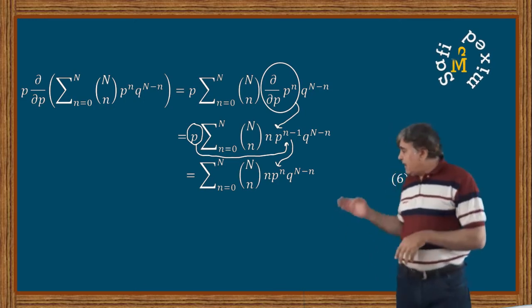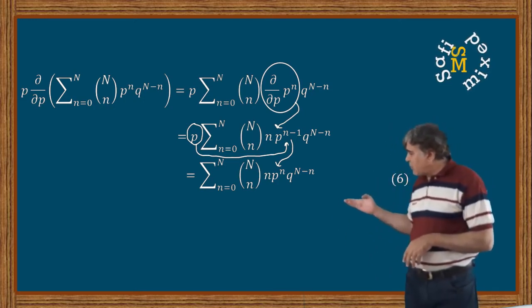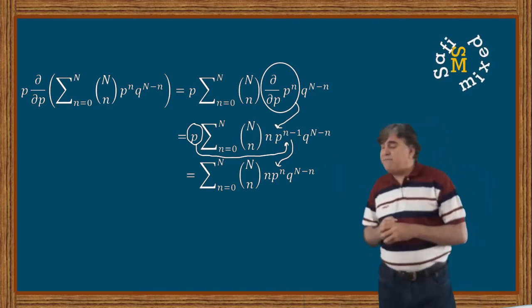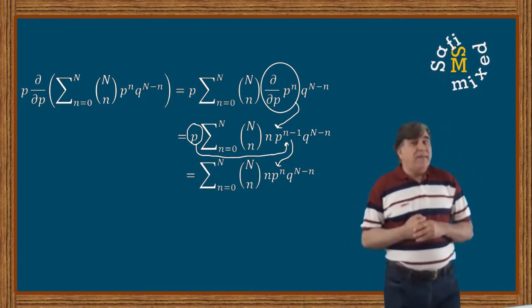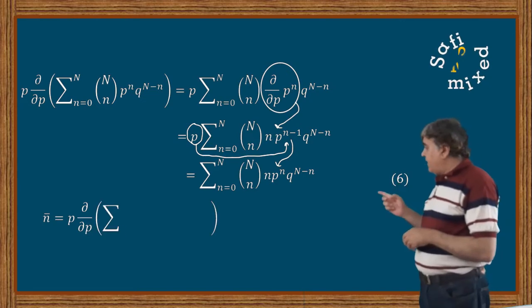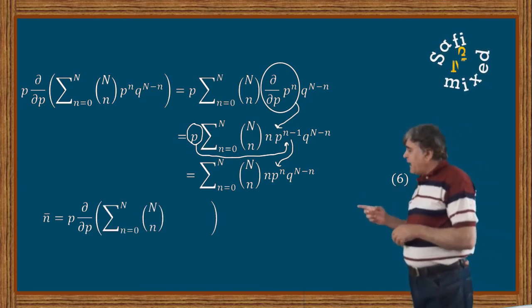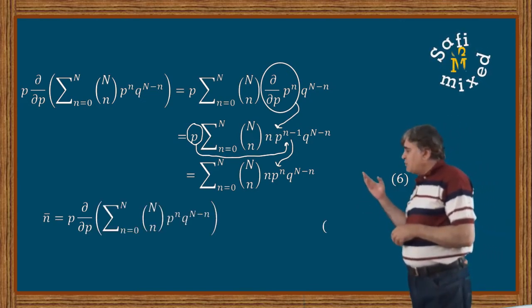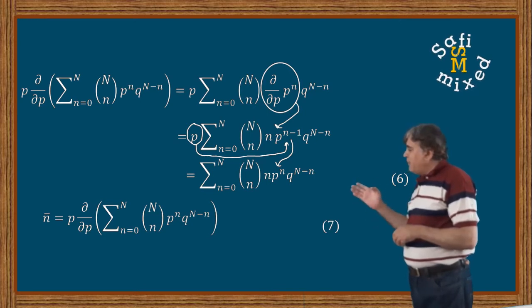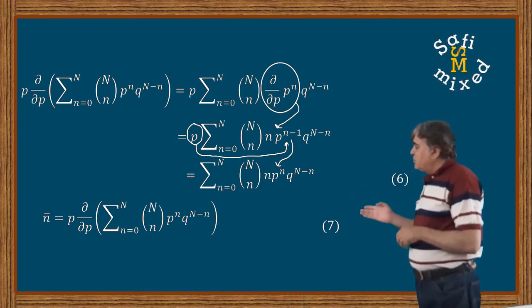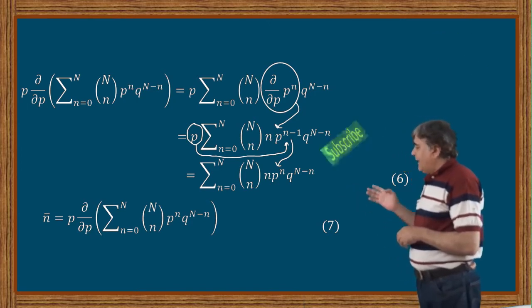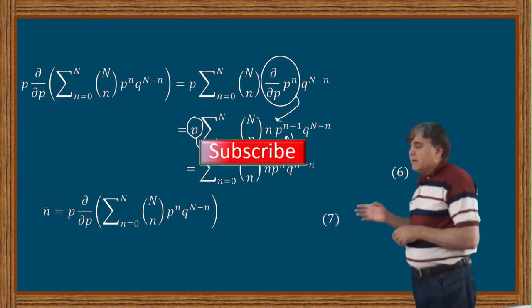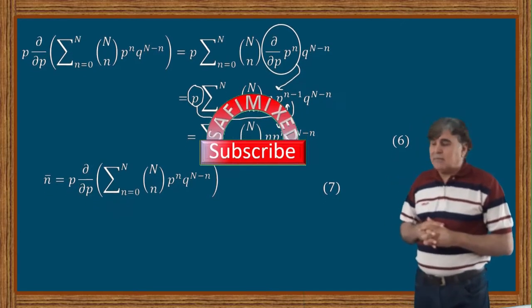Now, using the left side in equation 6 for the right side in equation 5, we obtain the average value of n equals P times the derivative with respect to P, the whole applied to summation n equal to 0 to capital N of N choose n, P power n Q power capital N minus n.